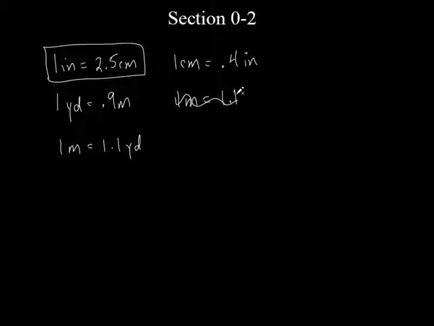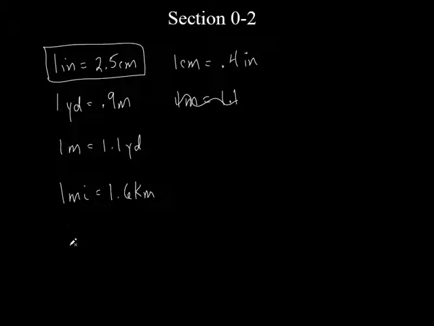Let's write this down. 1 mile is equal to 1.6 kilometers. A mile is a little more than 1.5 kilometers, and that's 1.6. So if you go 1 mile, it takes 1.6 kilometers.